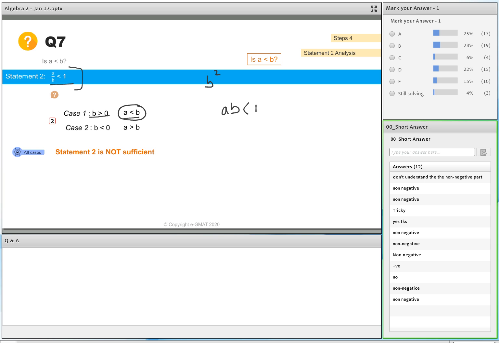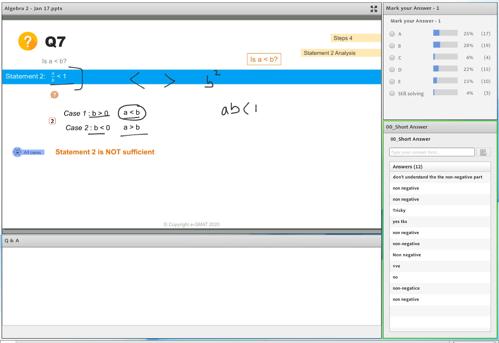What happens when B is a negative number? When B is a negative number, the sign of the inequality would change, right? The less than sign would now become a greater than sign. So we can say that A is greater than B. So statement 2 alone is not sufficient to answer this question.